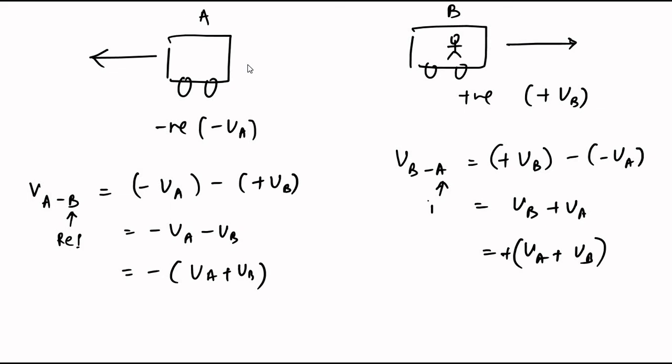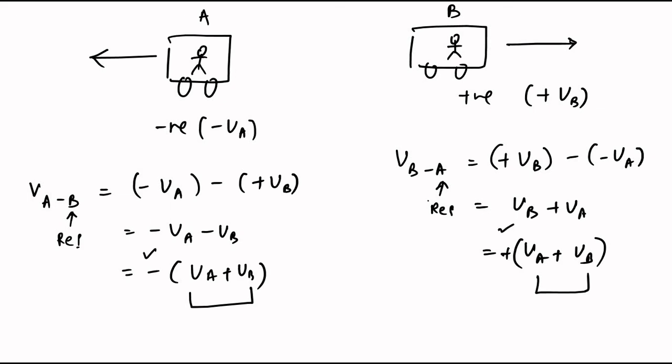And when A is considered as the reference, to someone sitting inside the vehicle, it will appear as if vehicle B is moving towards right, away from it, with a velocity of VA plus VB. So in both the cases, magnitude is the same, but sign is different. Here it is minus, here it is plus.